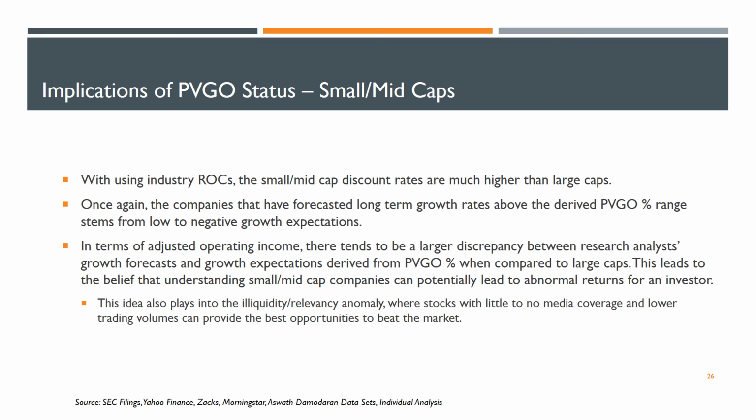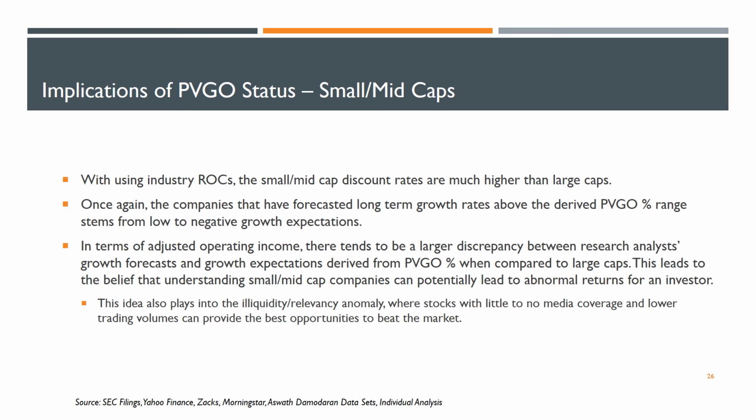So with using the industry return on capital, which is another thing I forgot to mention, we're using just what the industry is in terms of the discount rate versus doing a full-blown cost of capital. Just a different way to look at a discount rate. Using industry return on capitals, the small to mid cap discount rates are much higher than large caps. Once again, the companies that have forecast long-term growth rates above the derived PVGO percentage range stem from low to negative growth expectations.